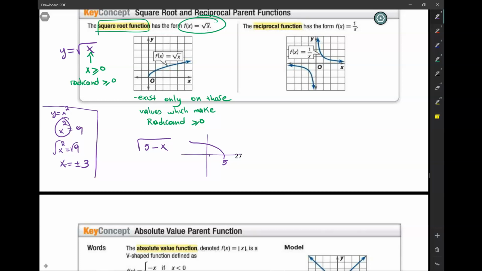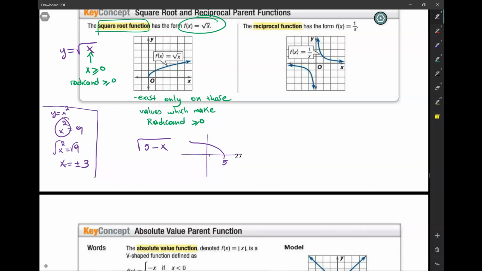This is a parabola, which has a left and a right side. This is only a square root, which has one arm. So wouldn't the graph just look like a parabola for this? Well, no, because it's x. Well, isn't it y equals x squared? So wouldn't it be a parabola? Y equals x squared would be a parabola. That is the case where if you solve it, you can get x equals plus or minus 3 because you have a parabola.